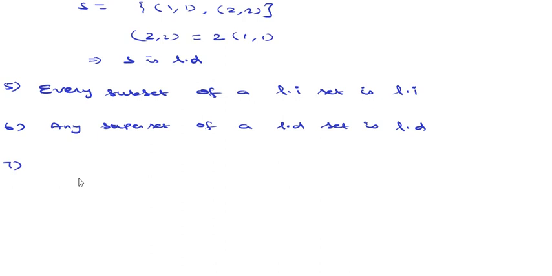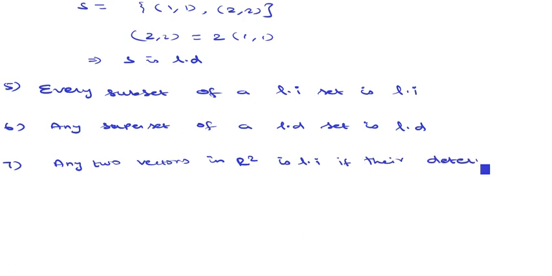Seventh property, any two vectors in R2 are linearly independent if their determinant is non-zero.